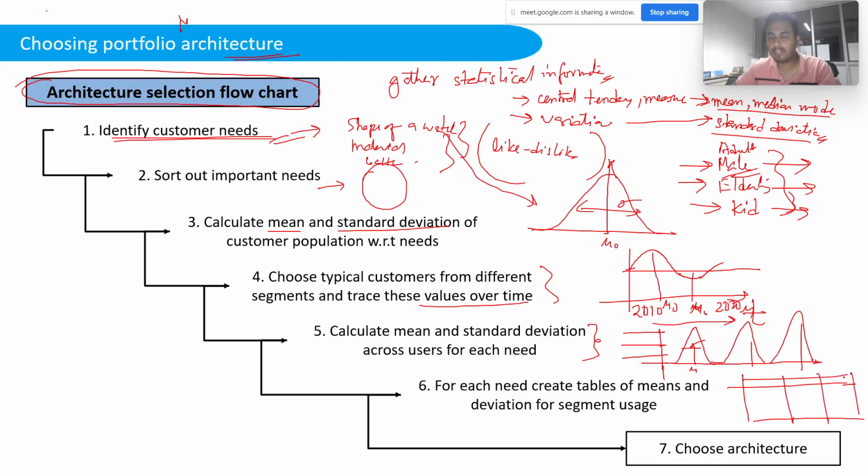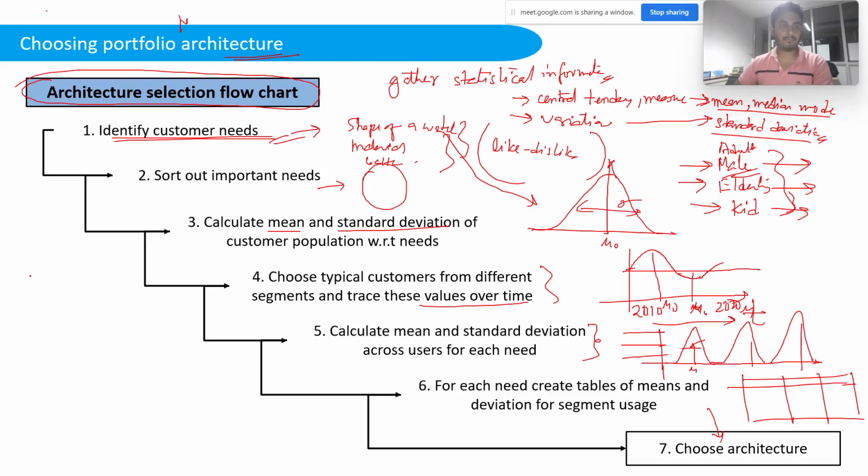I'll explain these things in detail, and then you choose the architecture. So this is basically a pipeline. It is already given in your lecture slides from the week 8 lecture videos. You can follow that. What we are gathering here are three pieces of information.